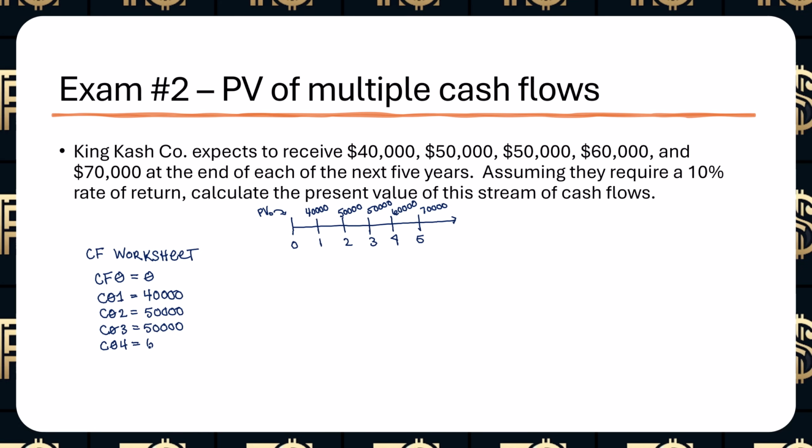C04 is 60,000. C05 is 70,000. Then we will go into our NPV worksheet, and we will set the discount rate on this set of cash flows to 10%. And we are trying to find the present value.